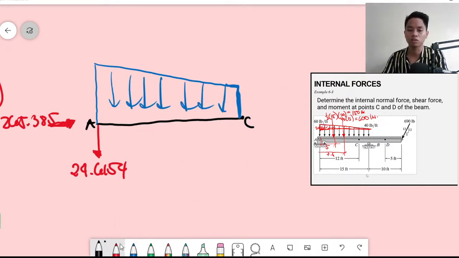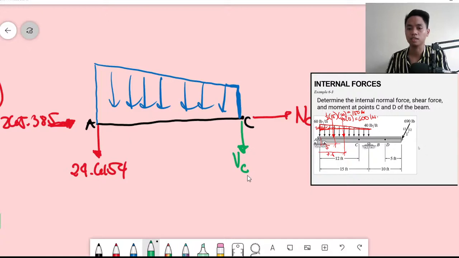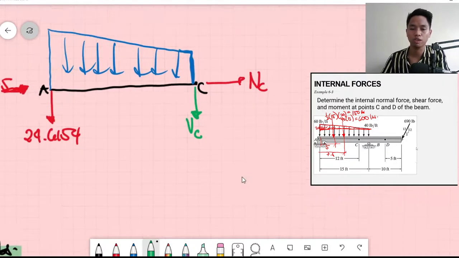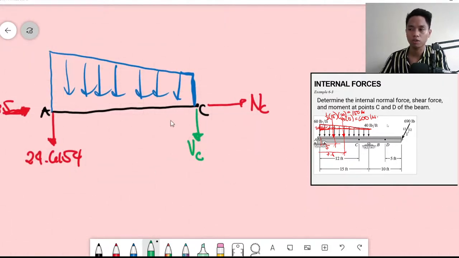Now the normal at C, tension, so it points away because that is tension. Now where is my shear? V at C should be downward, because it will tend to rotate the member clockwise.